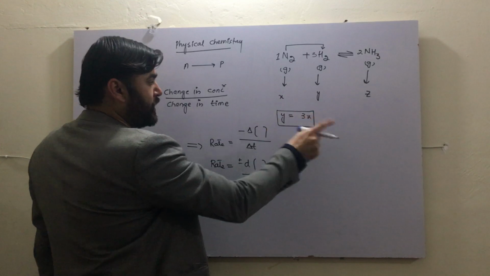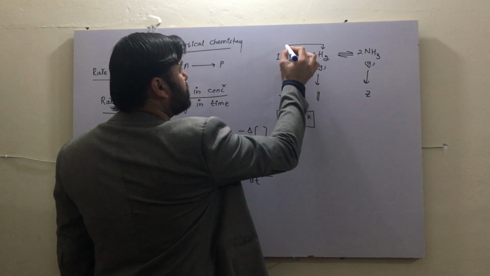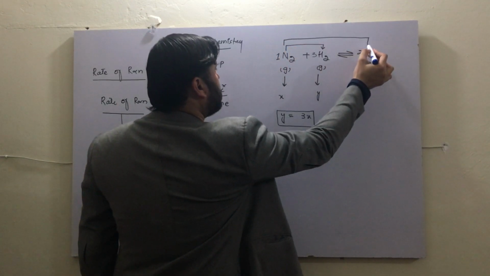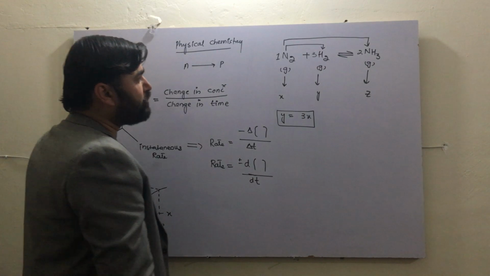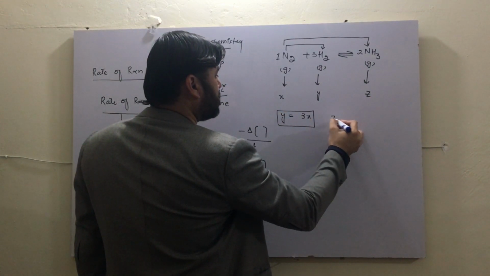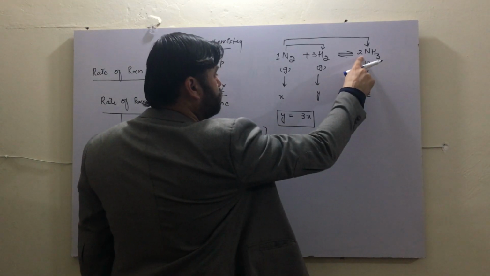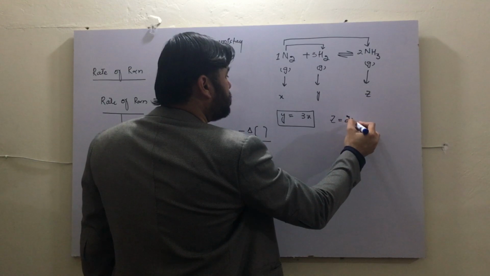Now if we compare nitrogen and ammonia, we are comparing Z and X. Z has coefficient 2, nitrogen is 1. So we can say that Z is equal to 2x.